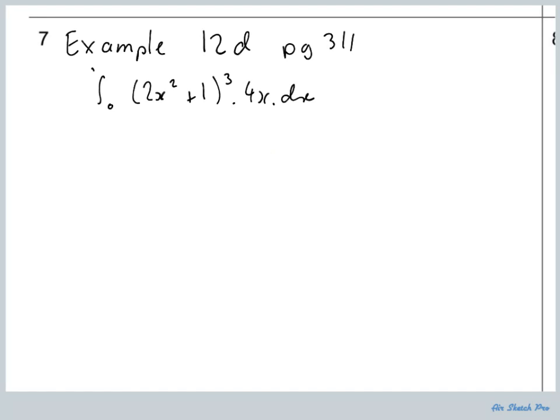So you could do that, but wait, there's a shortcut, because if we have a look at the two things that are multiplied together, can you see that the internal part that we're cubing, 2x squared plus 1, when I find the derivative of it, I get 4x, which is what we've multiplied the expression by. So this, in fact, can be done by substitution.